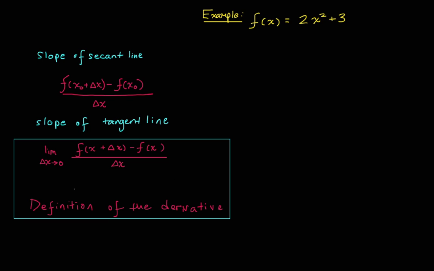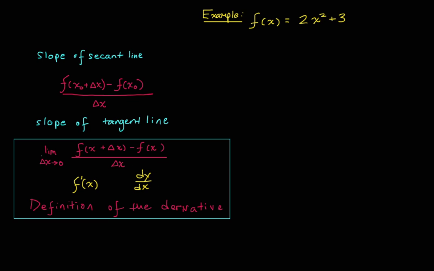And there are several different ways of writing this expression. You would say this thing equals, and we might label it as f prime of x. That's one way of writing it. You'll also see dy dx. That's how it's pronounced, dy dx.